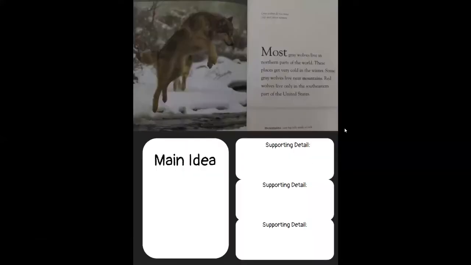So let's look right here at main idea and supporting details. Most gray wolves live in northern parts of the world. These places get very cold in the winter. Some gray wolves live near mountains. Red wolves live only in the southeastern part of the United States. So just looking at that paragraph, what is that paragraph about specifically? And what details support that main idea?